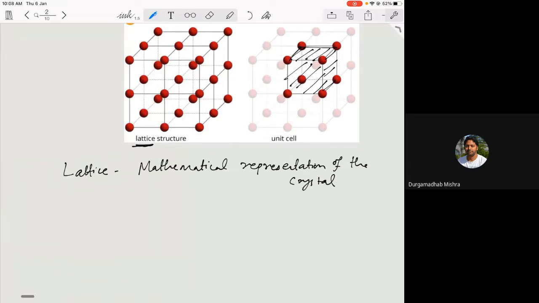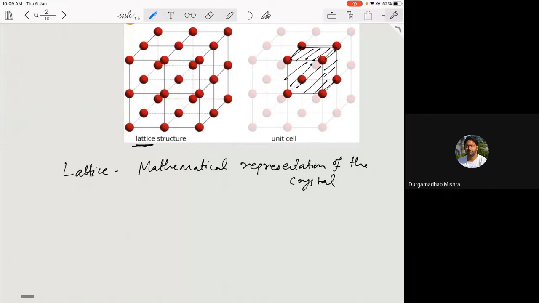Since we are talking about three-dimensional space, it is the arrangement of points which follow a certain periodicity. That is your lattice.